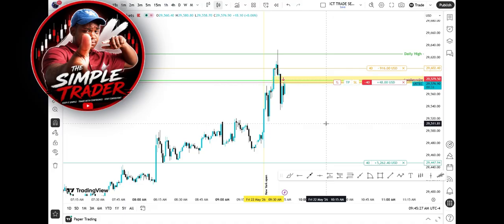For the concept that I use, which is the smart money concept taught by ICT, market moves for two main reasons. The first is to go to liquidity, where there are buy stops and sell stops, places where traders are likely to put their stop losses after putting in their market entries, right?